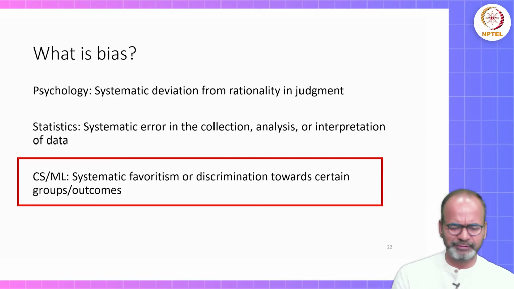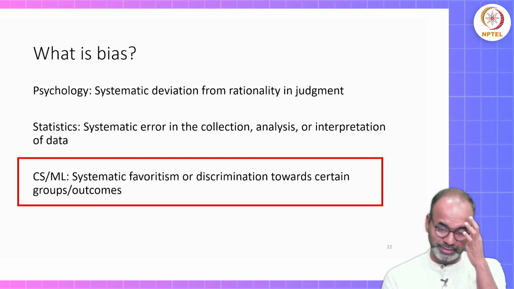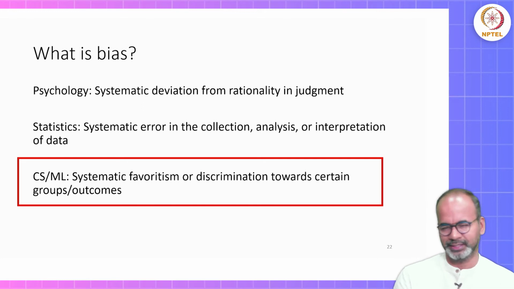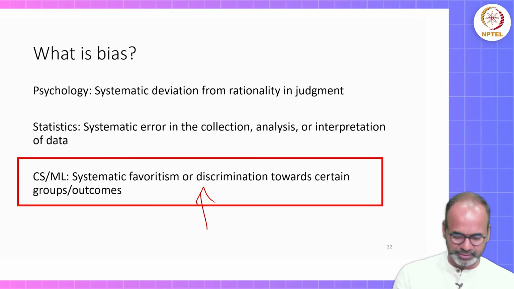Some general definitions of what bias is: a systematic deviation from rationality in judgment. That's like the psychological definition. Statistically, you can think of it as a systematic error in the collection, analysis, and interpretation of data. Our focus is going to be the last one, which is more the CS and ML side, where systematic favoritism or discrimination towards certain groups or outcomes.